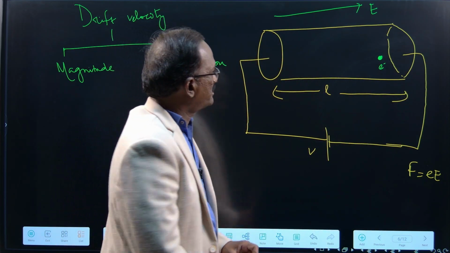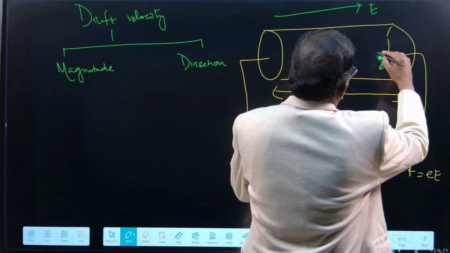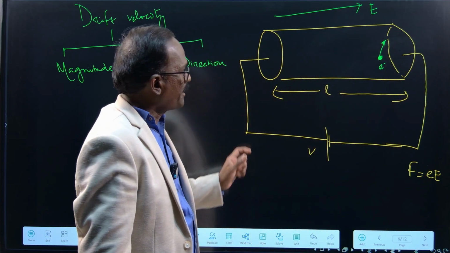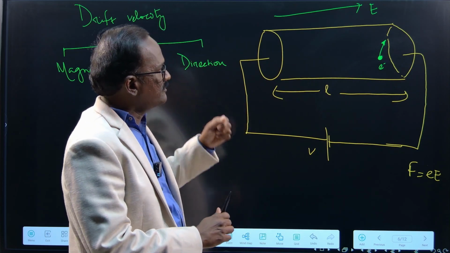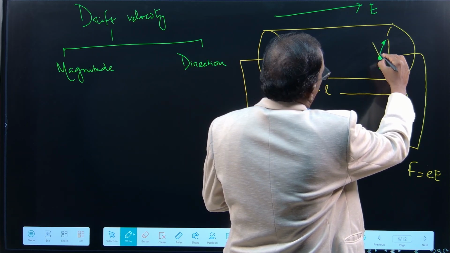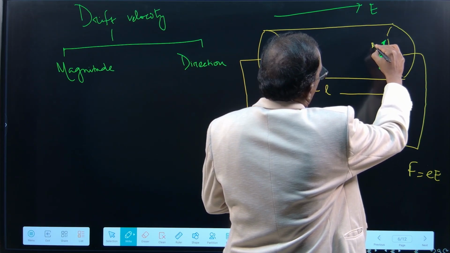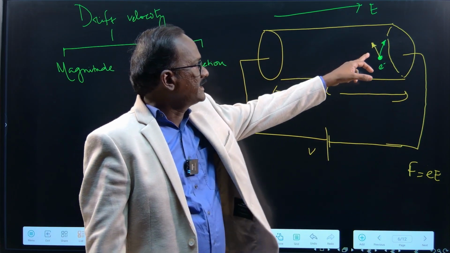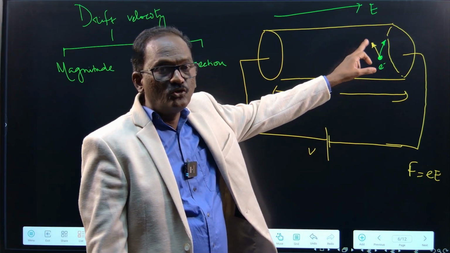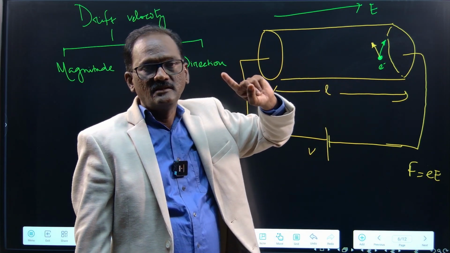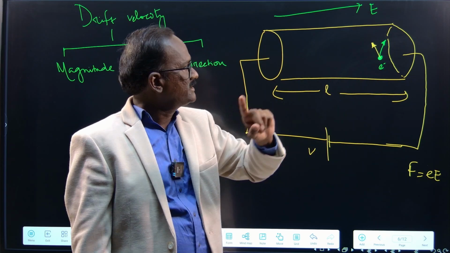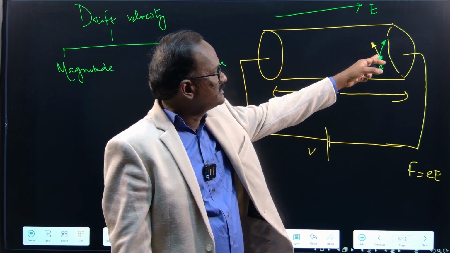Assume one electron is available here. Initially, due to thermal velocity, it will try to move this way. Then the applied electric field will pull it to the left-hand side. The green line is assumed if there is no E field, only thermal energy. If both temperature and E field are available, the yellow line.